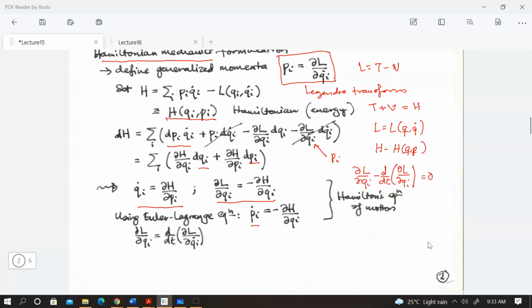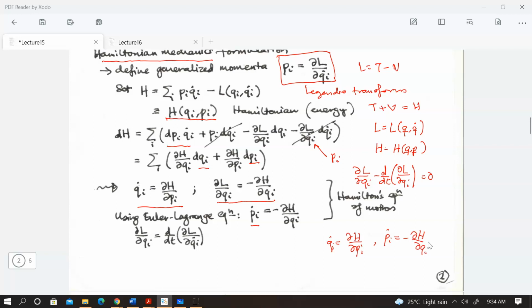So this set, which is what? qi dot equals partial h partial pi, and then the other one is pi dot equals minus partial h partial qi.